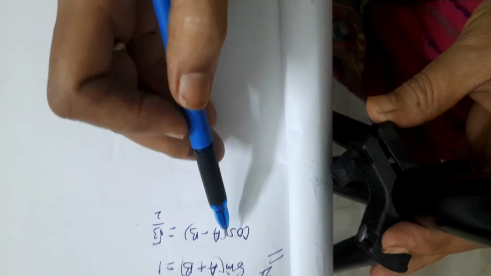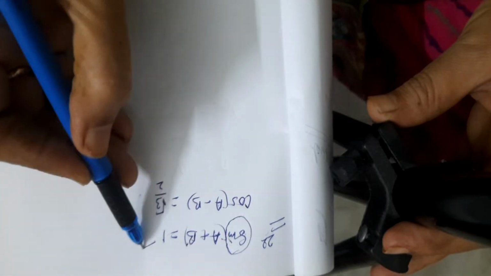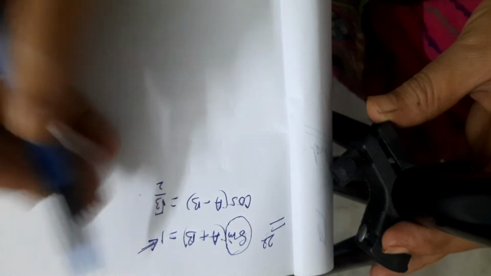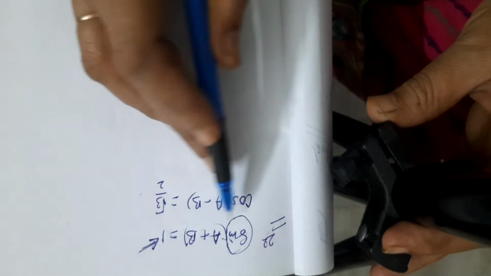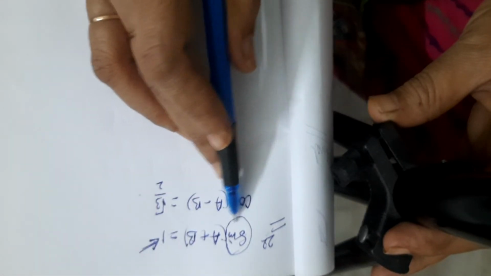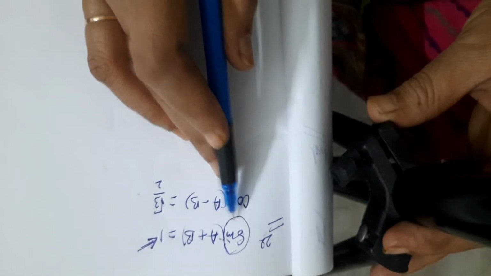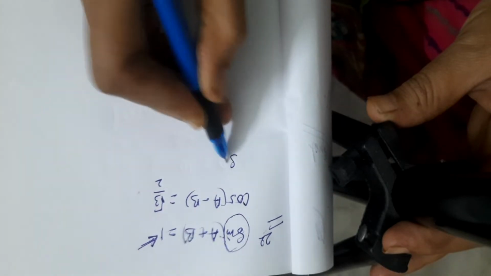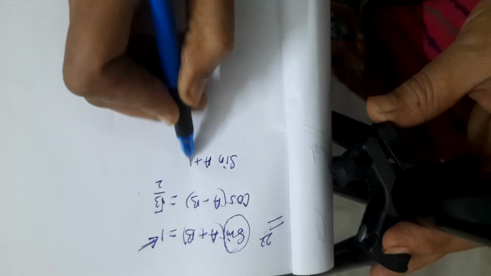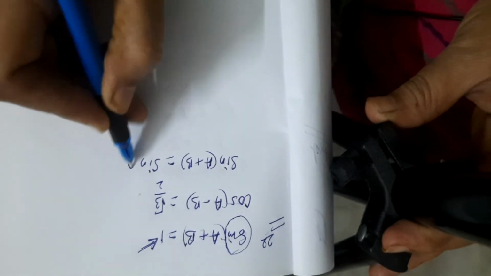Whenever such equations are given, find the value of the given number on the right hand side, opposite the equal sign. Here it is given 1. What is the value of 1 in terms of sine in the trigonometrical table? All of you already know sin 90 is 1. So we'll replace this 1 with sin 90. So sin A plus B is sin 90.